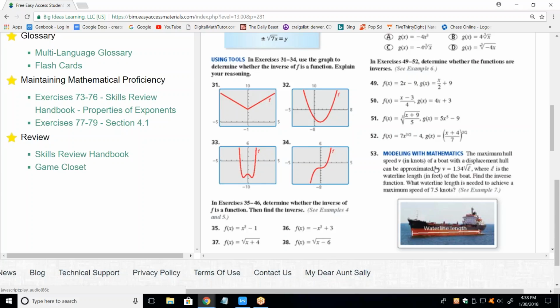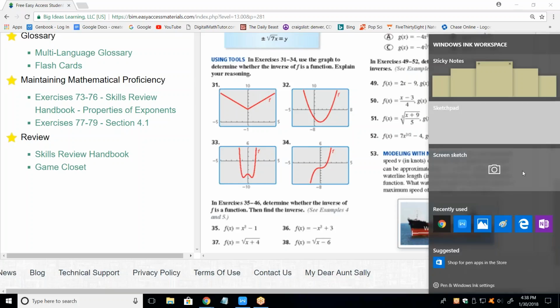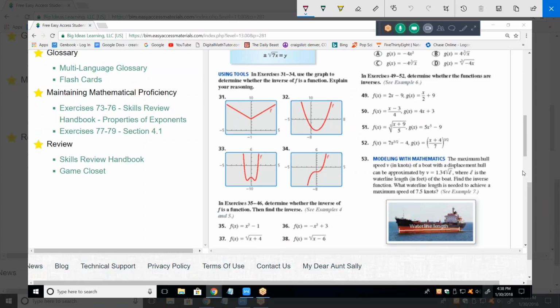Vertical. Vertical line test. In other words, each of these 4 functions passes the vertical line test. Right? And by that, I mean, no matter where I draw a vertical line, I will only hit the y value once. Only one y value.